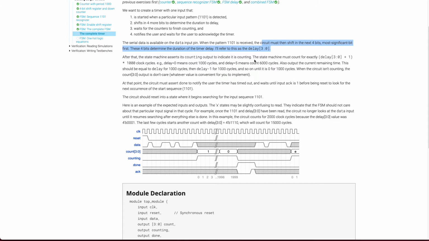To indicate it's counting, the state machine must count for exactly (delay 30 plus 1) times 1,000 cycles. Means 6,000 cycles, okay.